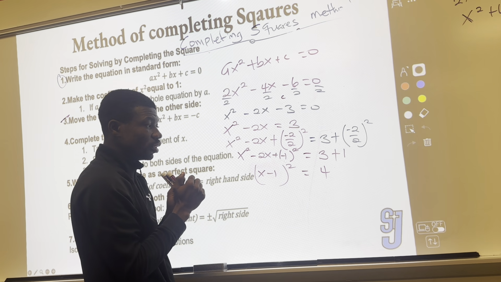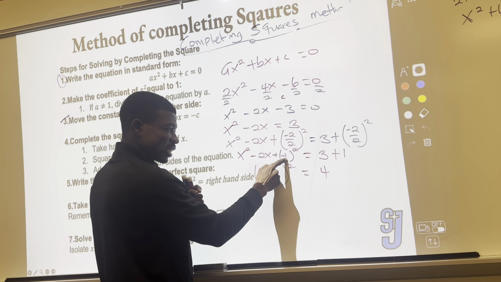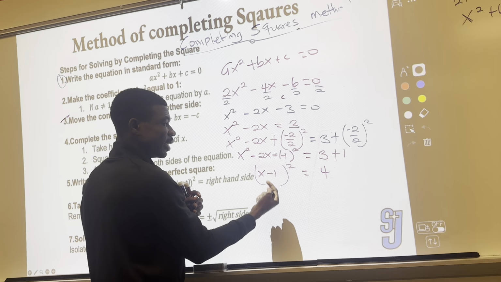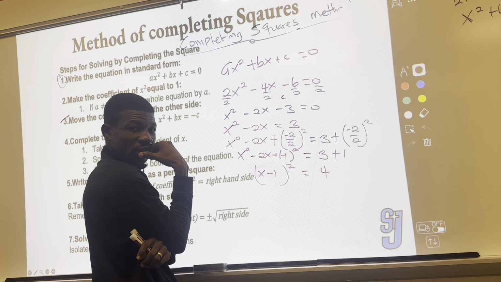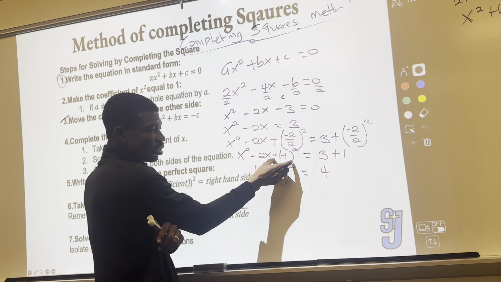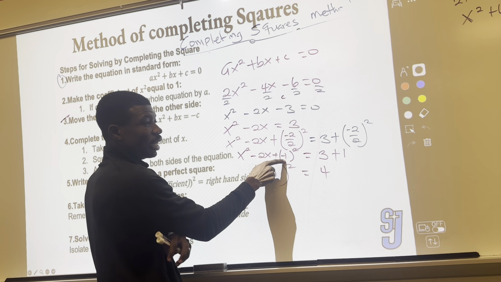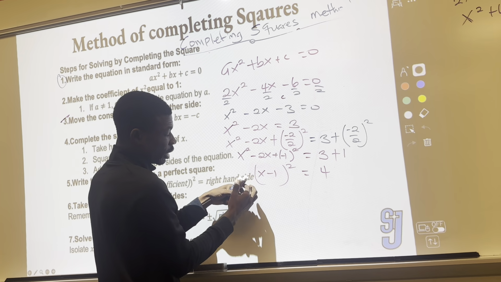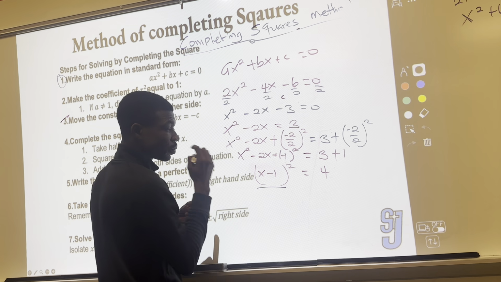Very simple. But if you square this before, it means that negative 1 squared is 1. That is where you have a problem. That's why I said, don't just waste time here. Just maintain it as it is, so that working with this part becomes so easy for you.